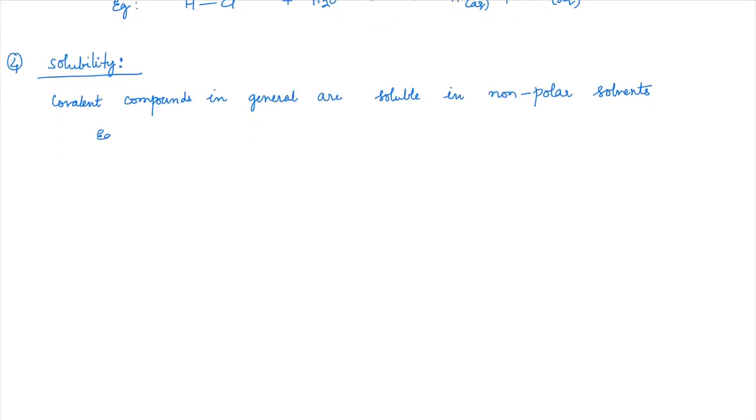For example, bromine, CCl4, CHCl3, CH3Cl, CS2, benzene, toluene, esters. These are all compounds which are usually represented as non-polar compounds. So in non-polar solvents, usually covalent compounds are more soluble.